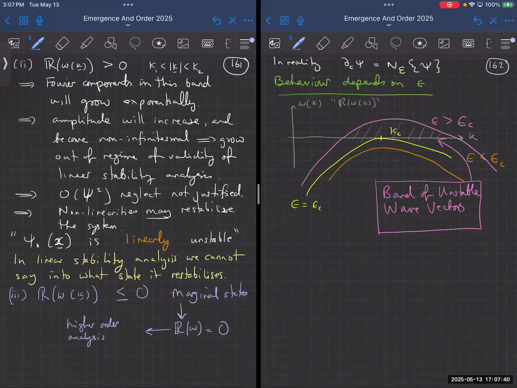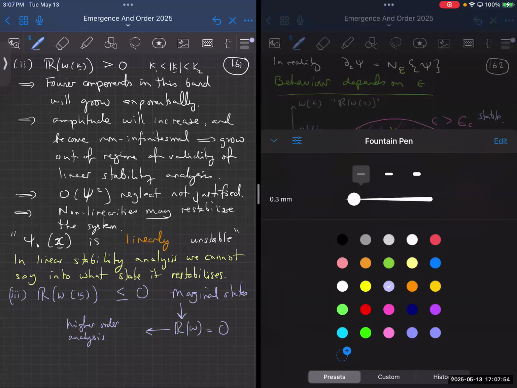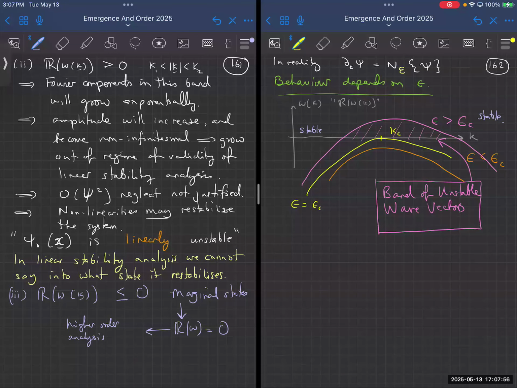And then over here, it is stable. And over here, it is stable. So that's the situation when epsilon is above the threshold. And so the phase diagram is that you're stable in a linear sense for epsilon less than epsilon c, and unstable when epsilon is greater than epsilon c. So that's what we've just described.